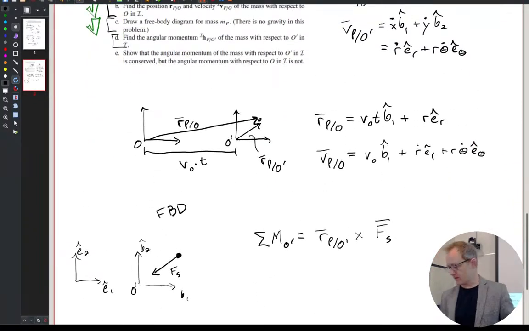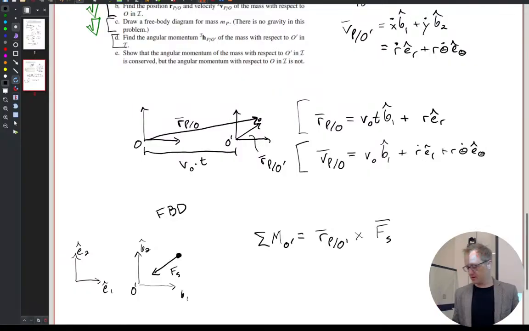So here, I was using these mixed coordinate systems where I have a B1 and a radial, R and theta coordinates, and that's okay. You can mix and match those unit vectors as long as you remember they don't add directly together, but there are components of the two within each.